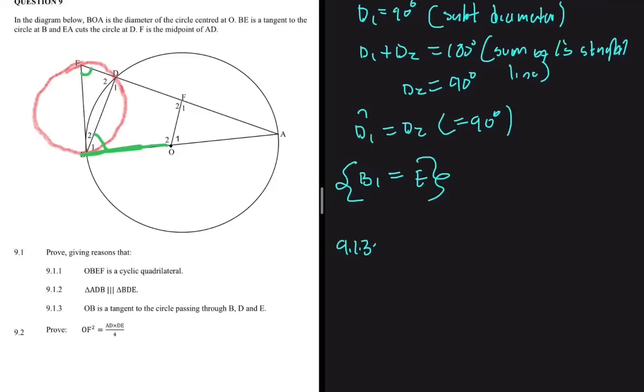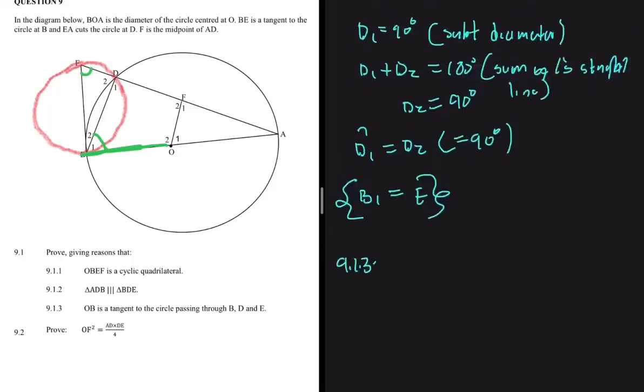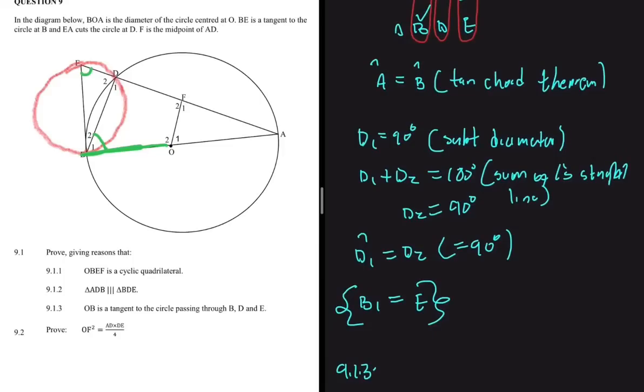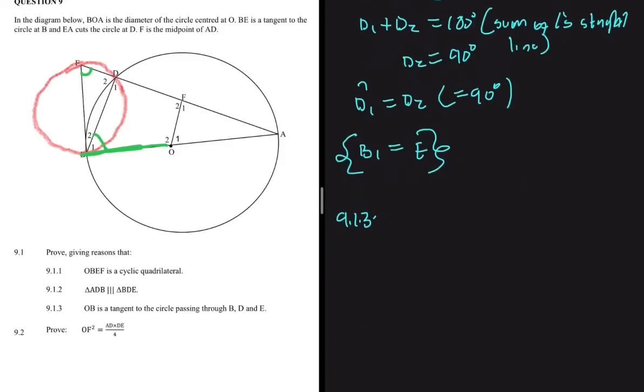How can that be true? That's what we were talking about in 9.1.2, right? That two angles of those two triangles are equal to each other. So the remaining two should also be equal, because all those angles add up to 180 degrees in a triangle, right? So now we're just going to say that B1 is equal to angle E. And why are we saying B1 is equal to angle E?